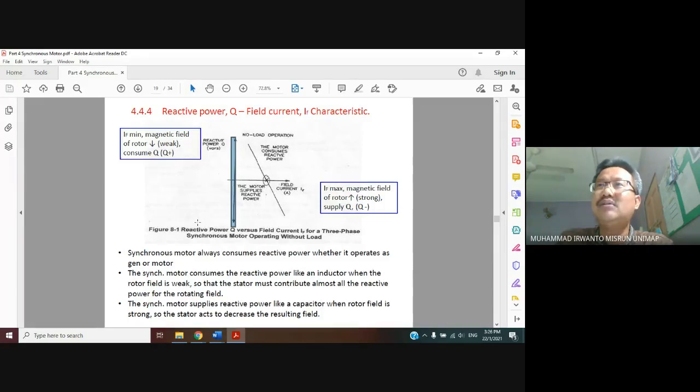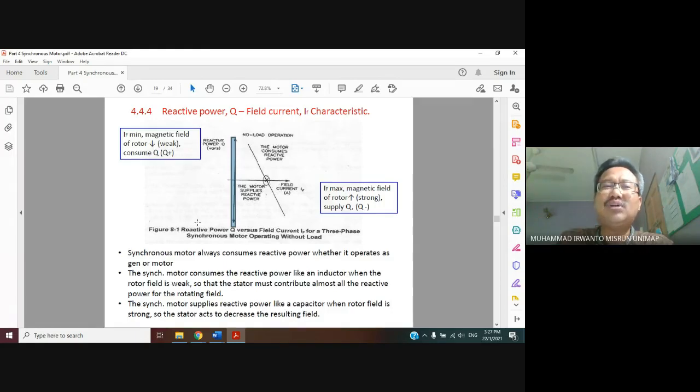Remember, the winding is like an inductor, in the stator and also in the rotor. An inductor can store energy, what we call the reactive power.